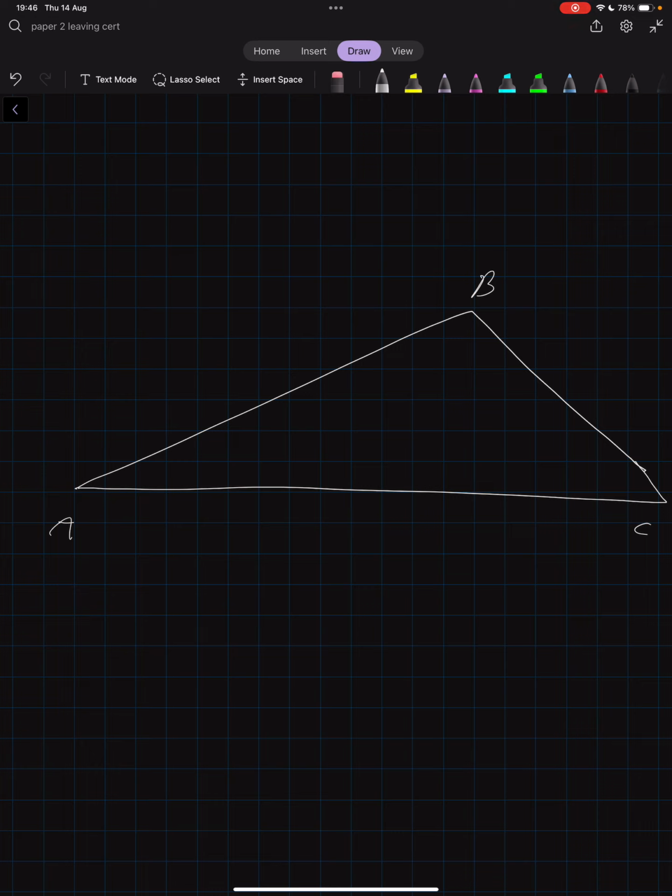So the bisector of the angle, so if I bisect this angle A, and get this, and this, this, and this, so this would bisect that angle.